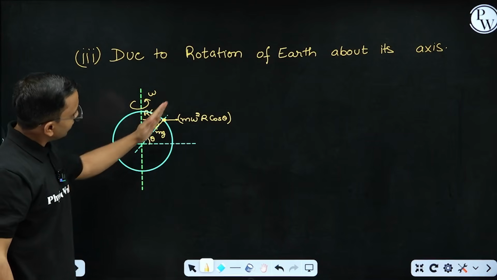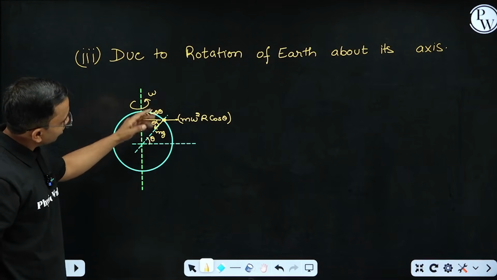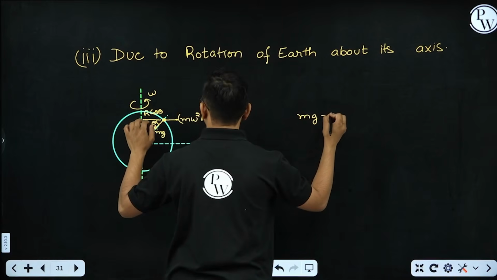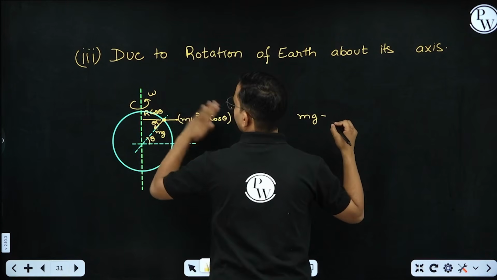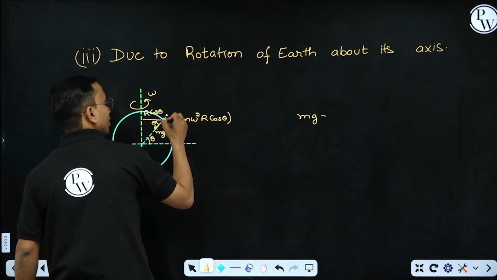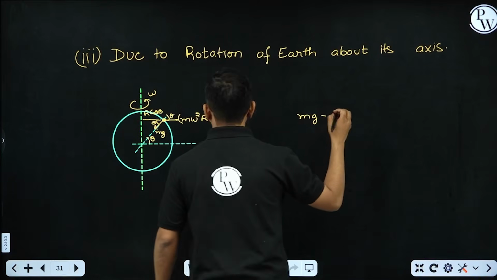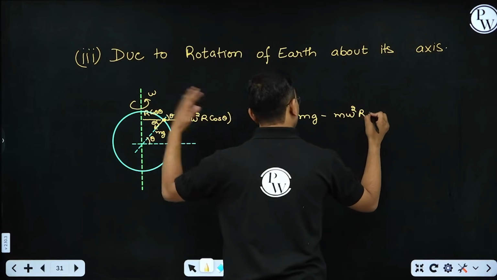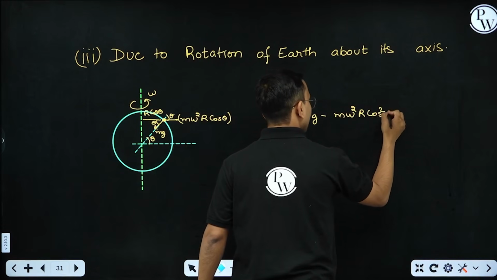So if I take the total along the axis, it will become mg minus this component along the axis, m omega square r cos theta into cos theta, because this is also theta. So this will become mg minus m omega square r cos square theta.